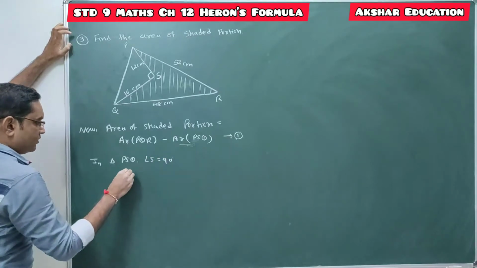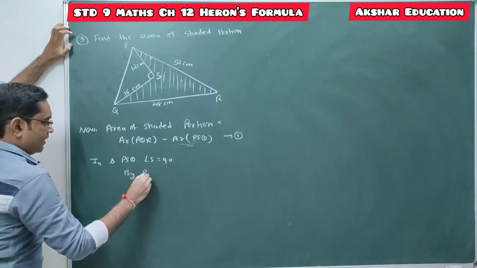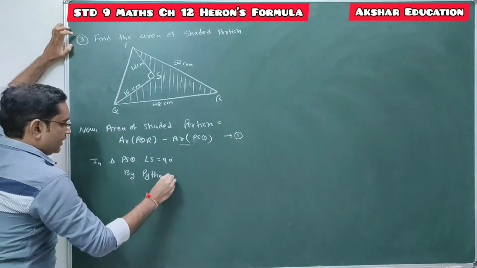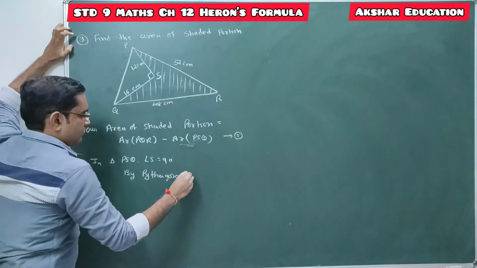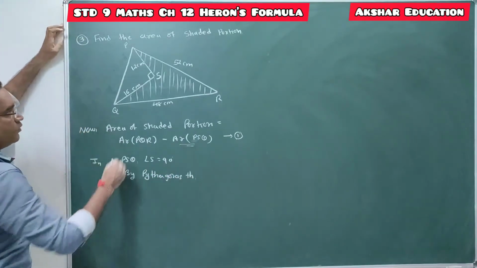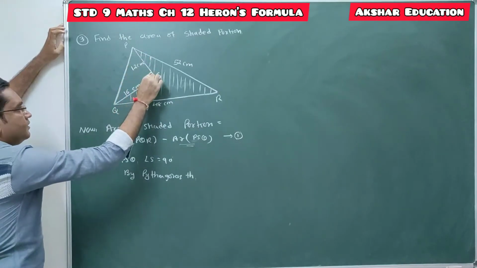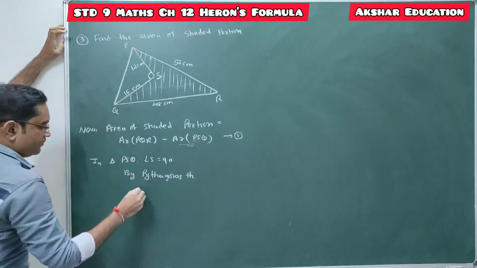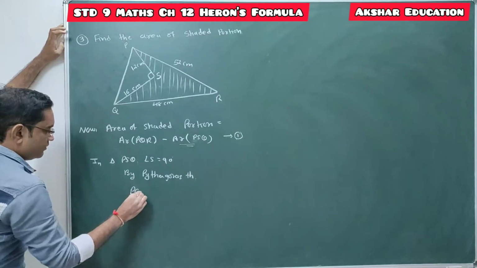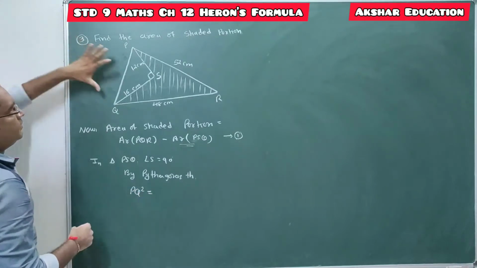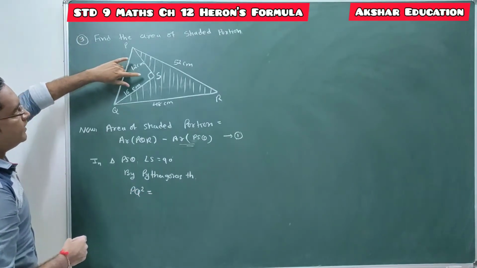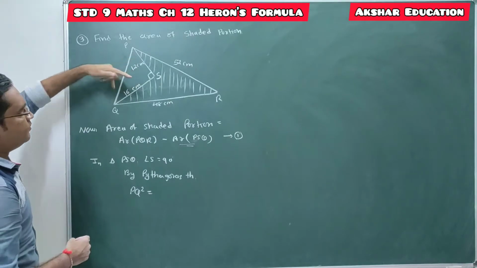So by Pythagoras theorem, according to Pythagoras theorem, square of hypotenuse, this is right angle. So opposite side is hypotenuse. So it's PQ square. PQ square is equal to sum of the square of the sides making the right angle. So it's PS square plus QS square.